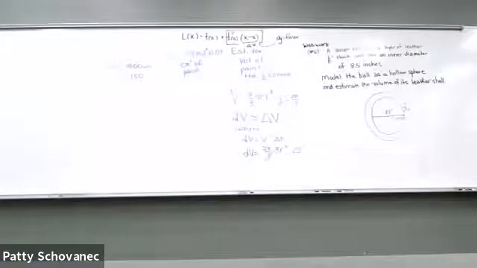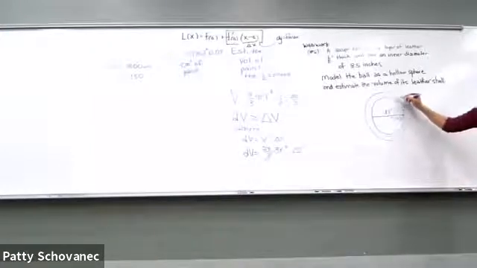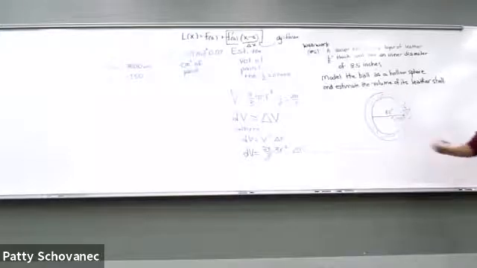And we just want to find the volume of the leather. As before, if we can find the volume of the ball all the way to the exterior, counting the leather shell, minus the volume of the air part, we'll get the volume of the leather part.